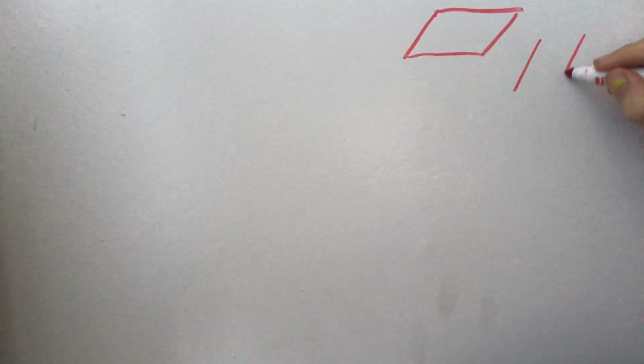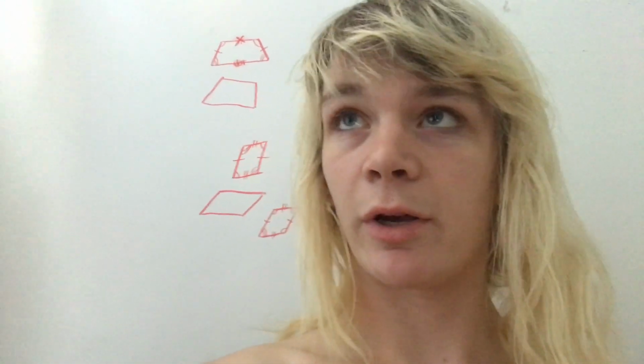The weird thing about these that I didn't realize, but I know now, is that parallelograms are trapezoids, because trapezoids have at least one set of parallel sides, but can have two sets of parallel sides. So every parallelogram is a trapezoid, but not every trapezoid is a parallelogram.